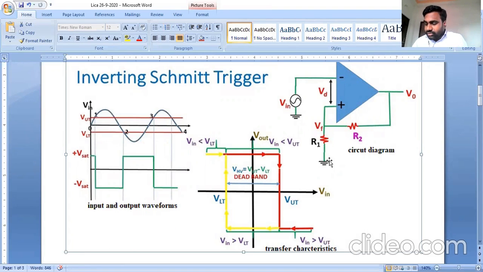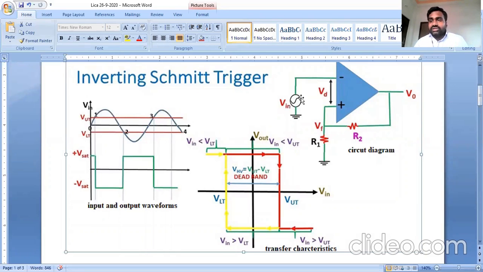Here we can see a positive feedback circuit connected with R1 and R2. R1 is the input resistance, R2 is the feedback resistance, and that is connected to the output V0.